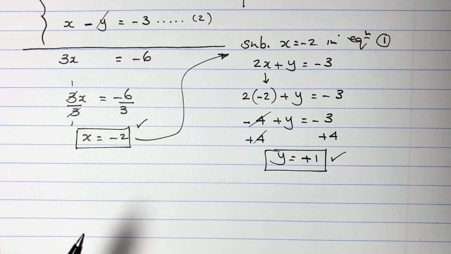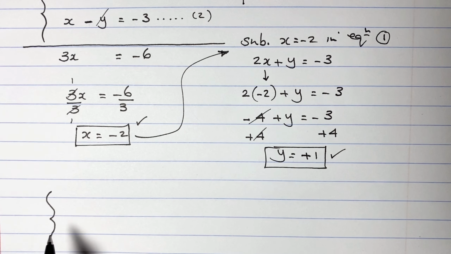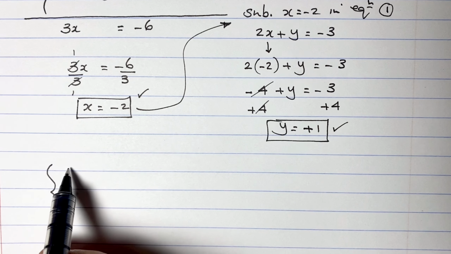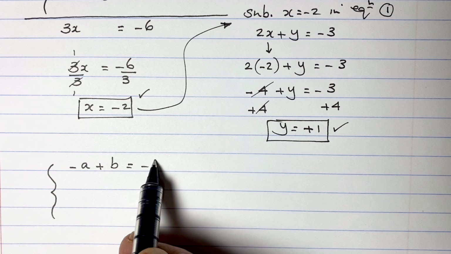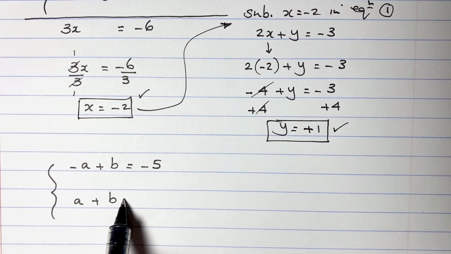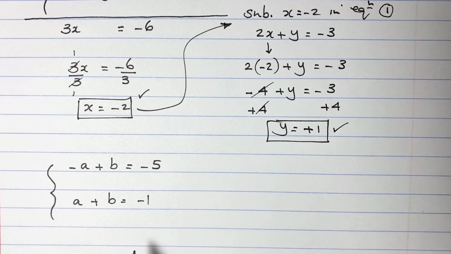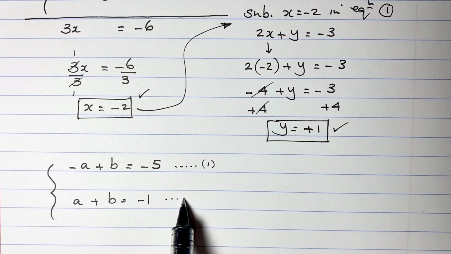Let's do another one. A very simple equation here. Minus a plus b equals minus 5. a plus b equals minus 1. Equation number 1, equation number 2.